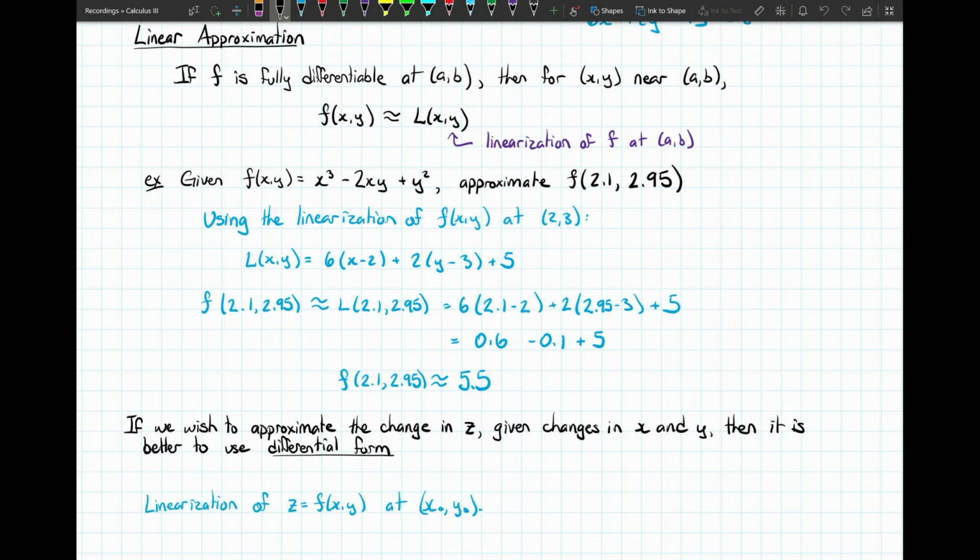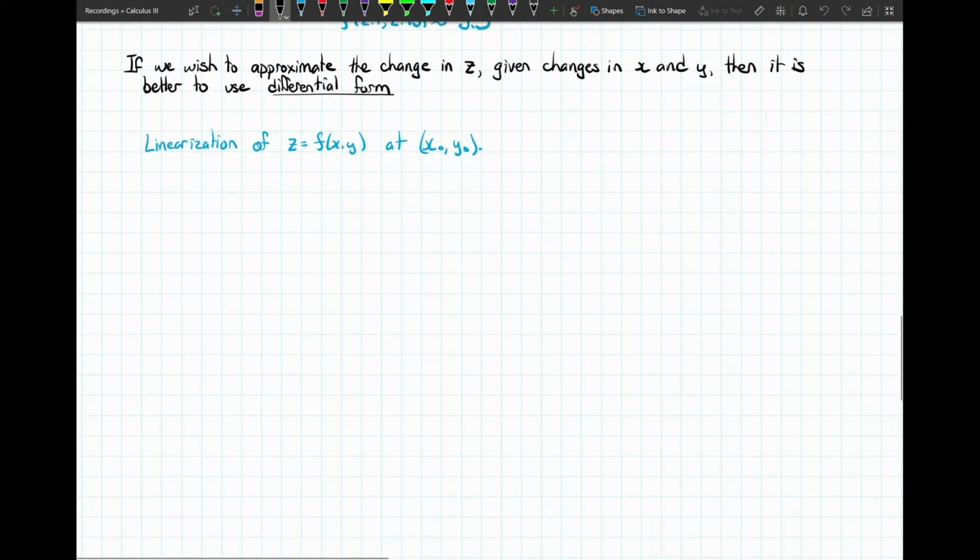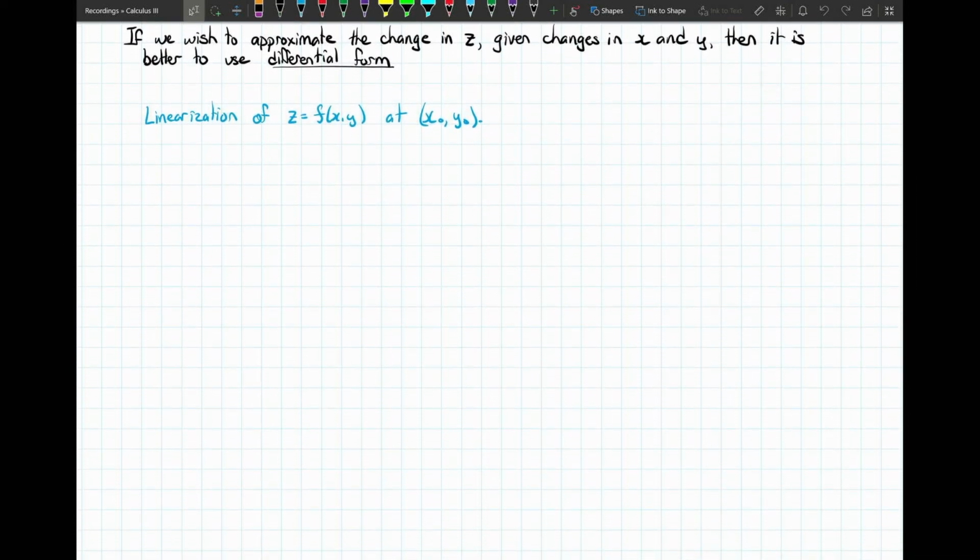Let's say we start off with the linearization of z equals f of x comma y at the point x naught comma y naught. I'm using that instead of a and b for the moment. And just for convenience, let's say that when you plug x naught and y naught into the function, the z value that you get is z naught.